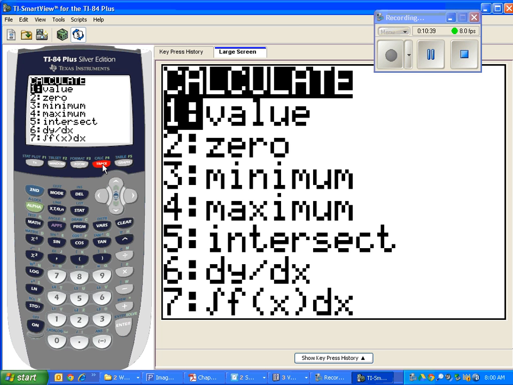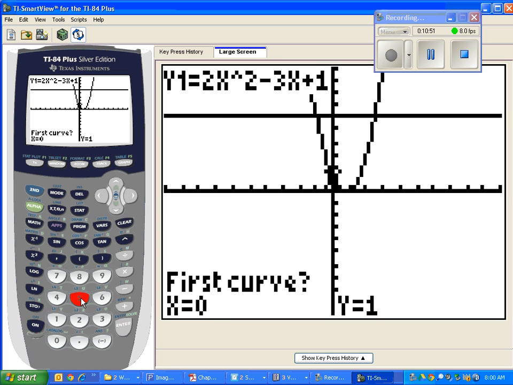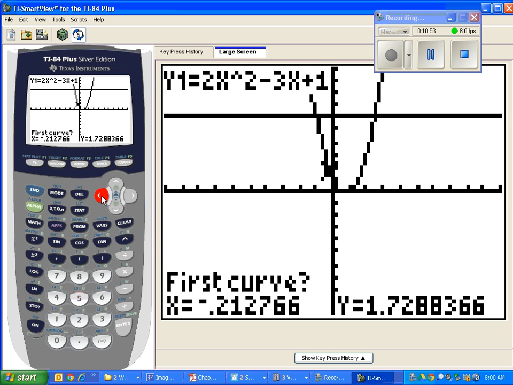That's our calculate menu. And you're all very smart. I have a feeling you know which option we need to choose here. We're trying to find the place where the horizontal line intersects the parabola, so we're going to choose option 5 for intersect. I typically try to get really close to the points I'm trying to find. If I want the left point of intersection between the parabola and the horizontal line, I trace to the left.